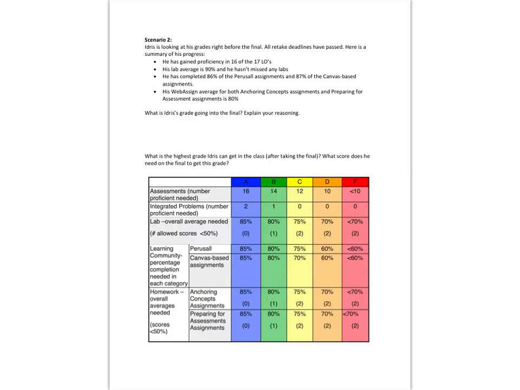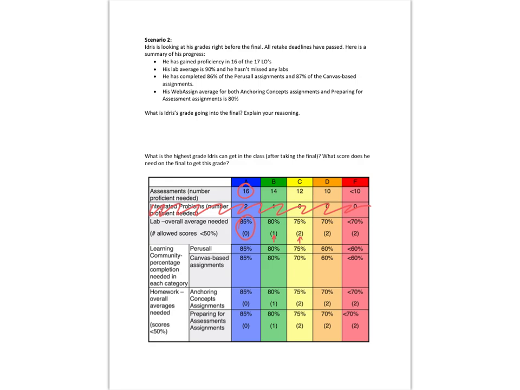Right, so now let's look at Idris' situation. He has proficiency at 16 of the 17 LOs, so he is at the A level for that. His lab average was a 90. He didn't miss any labs. That's what these numbers in parentheses stand for, missing some of the assignments.